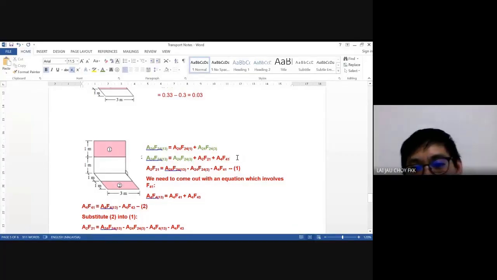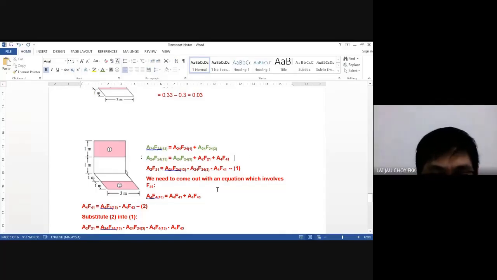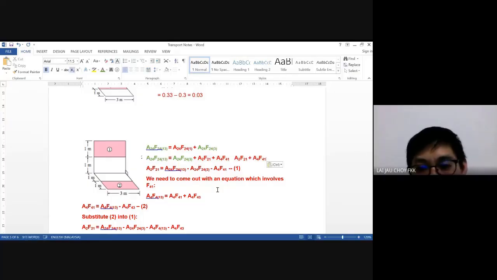Okay, let me tell you one very important thing. In this case, the order of the subscripts is very important. I don't want you to get confused. In this case, this is wrong.